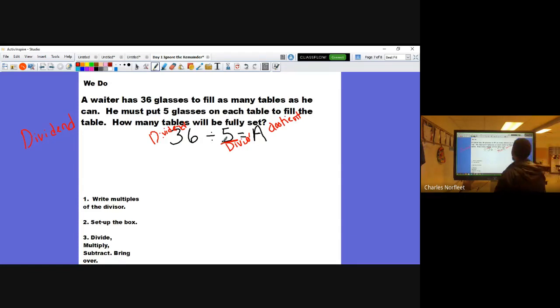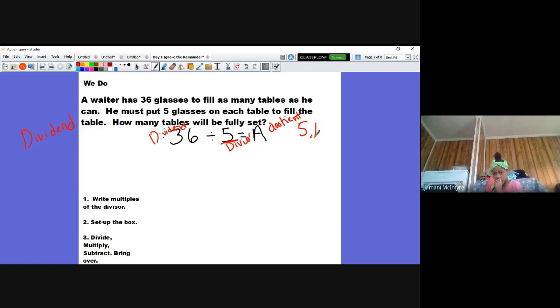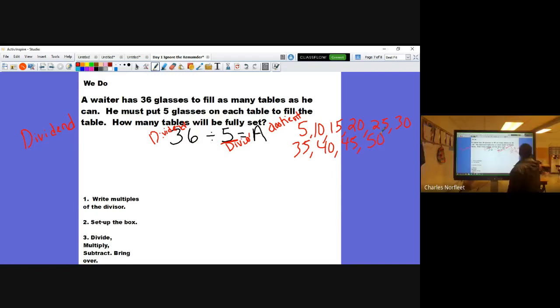Jamani, help me with the multiples of the number 5. 5, 10, 15, 20, 25, 30, 35, 40, 45, 50. Good, Jamani. So Jamani just gave us the first 10 multiples of the number 5.